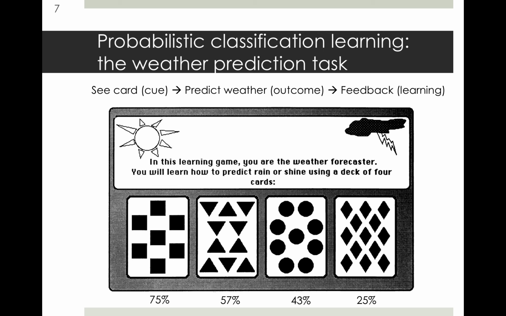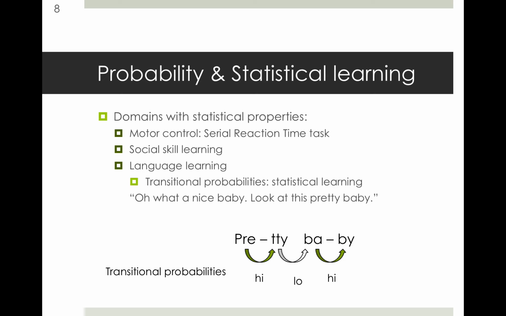So when this card comes up, they will be more likely to say sunny. This card will be more likely to say rainy. Right? So I think that's a very rational learning process, and this happens unconsciously, without explicit awareness. Right. So it's actually quite a simple task, but the implications are far from simple.